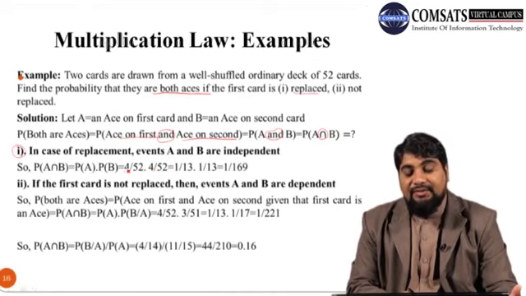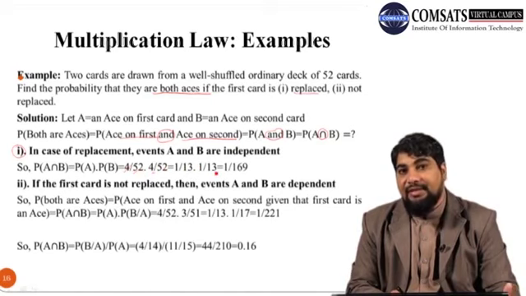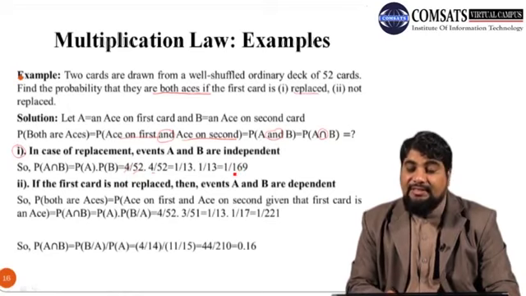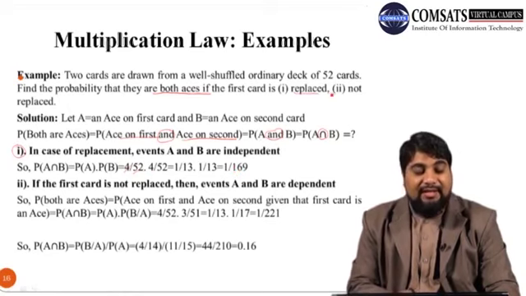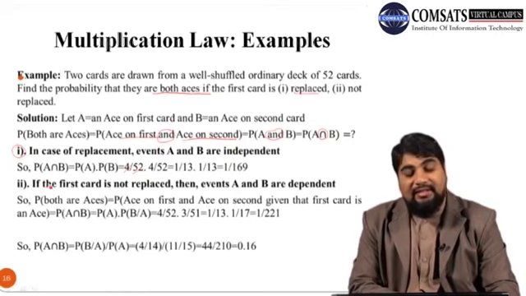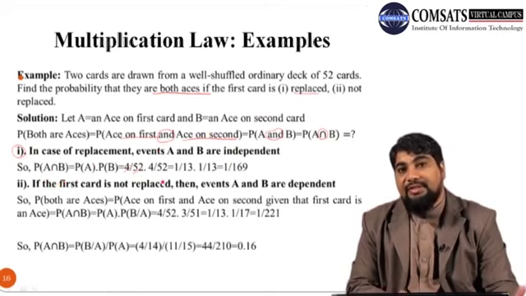If you simplify it, 4 out of 52 is 1 over 13, times 1 over 13, we get 1 over 169.